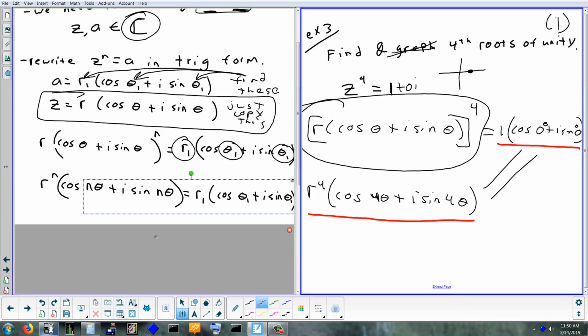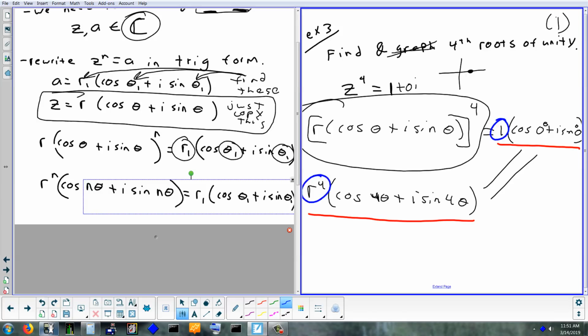On the left-hand side, what's the radius? R to the fourth. On the right-hand side, what's the radius? 1. What symbol is between the left-hand side and the right-hand side? Equal.